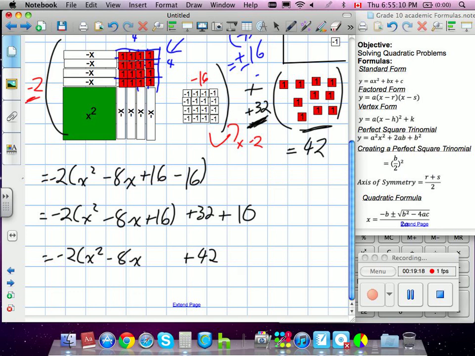Now, I could square root everything, but this is what I want you to look at. I'm actually looking at the distance of this and the distance of this. Now, in terms of distance, if this area is x squared, the distance of this side is x, which would also mean the distance of this side is x.